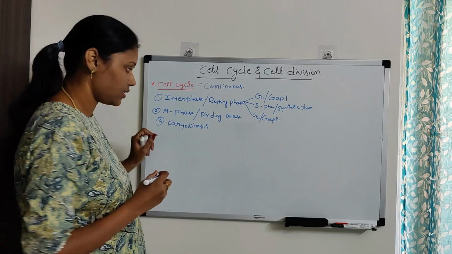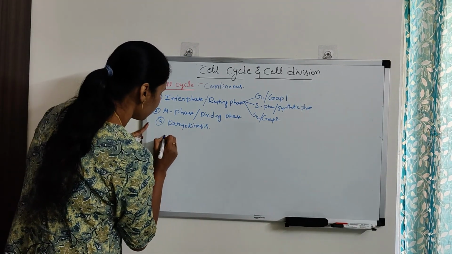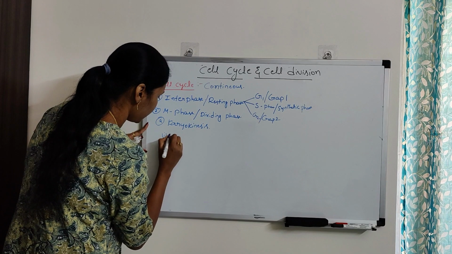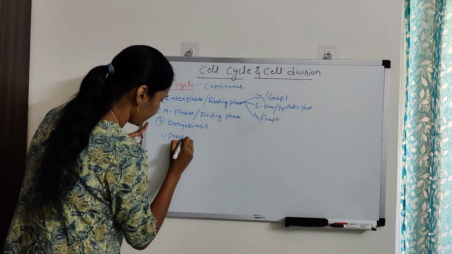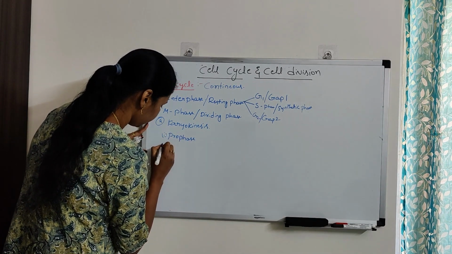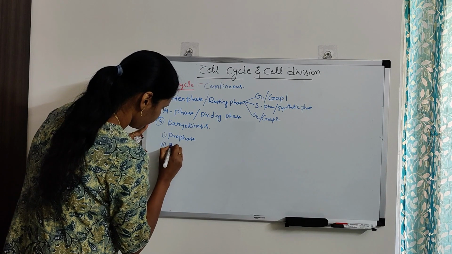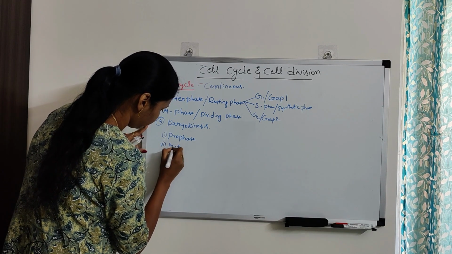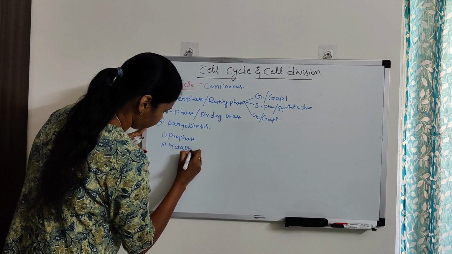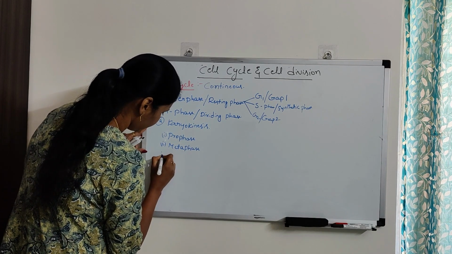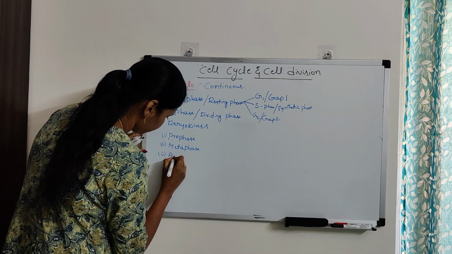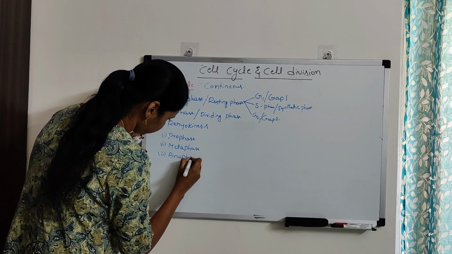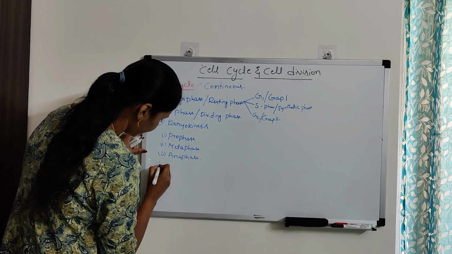This nuclear division takes place in four steps: prophase, metaphase, anaphase and telophase.